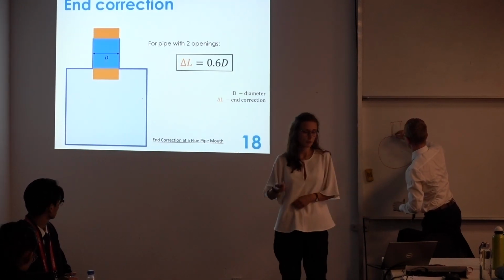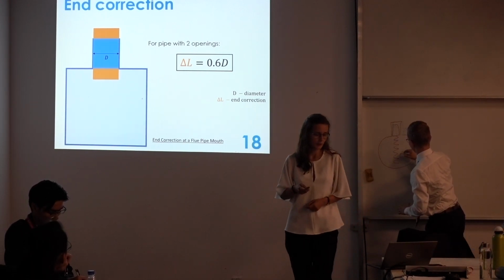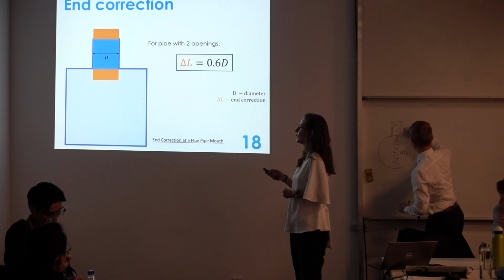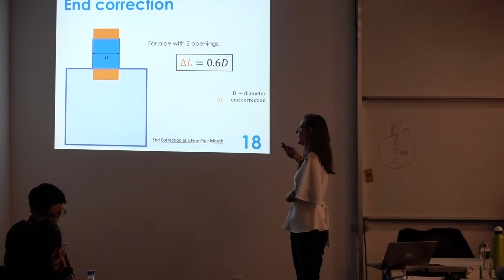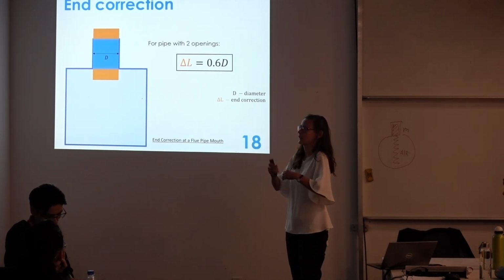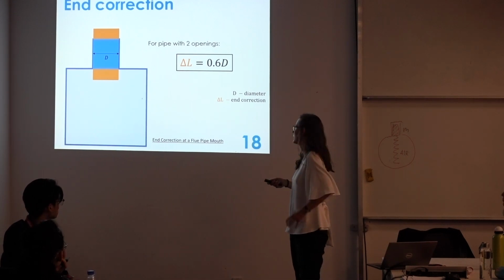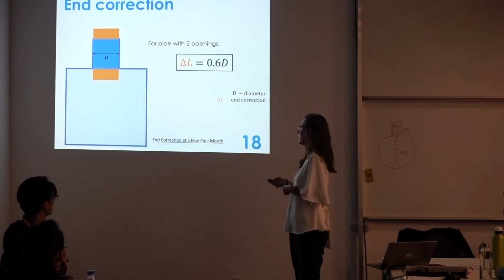We also have to add an end correction to this theory, because the mass oscillates a bit more, so it has a bigger effective L than the physical one.